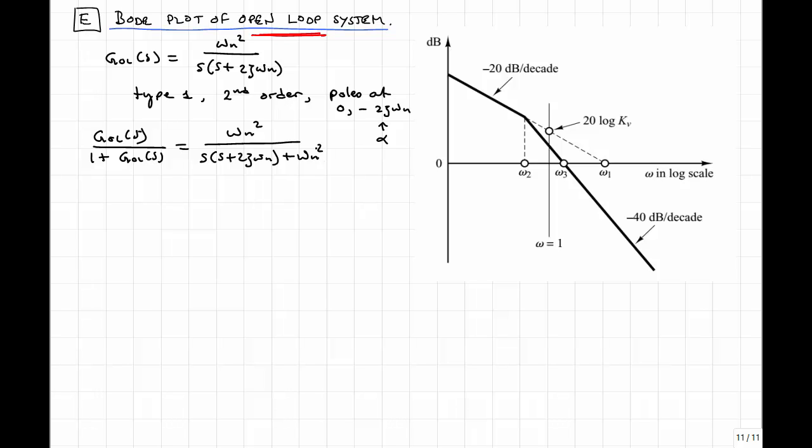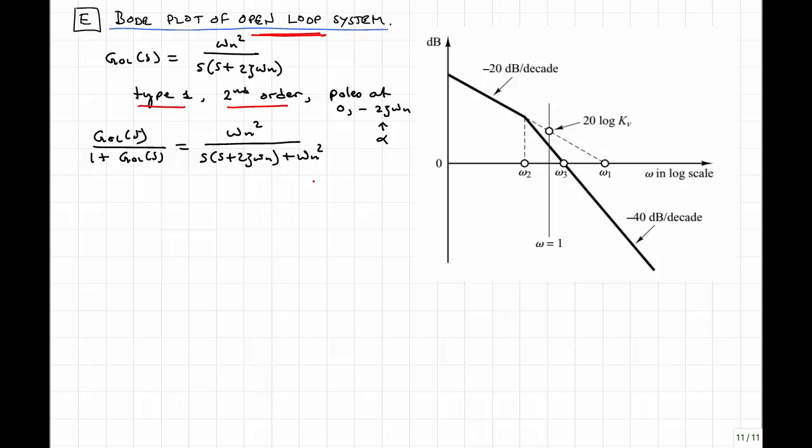So that's the approach we're taking now. Let's assume that the second order system was given to us in an open loop form, and the corresponding open loop transfer function is a type 1 system.